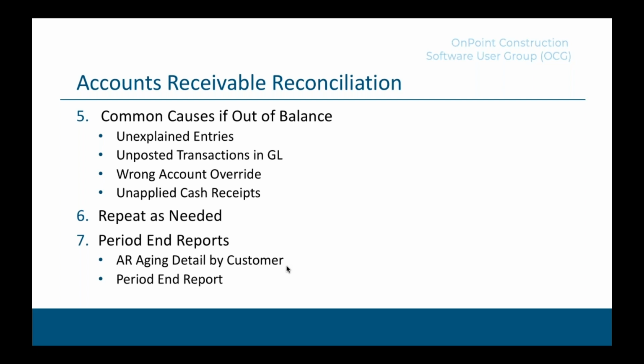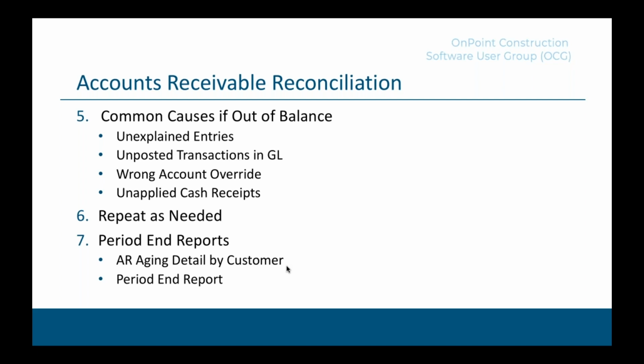But if those unapplied cash receipts sit in a liability account, you have to take your accounts receivable dollar amount less the liability of unapplied cash receipts. Then that total is what should be on your AR account.